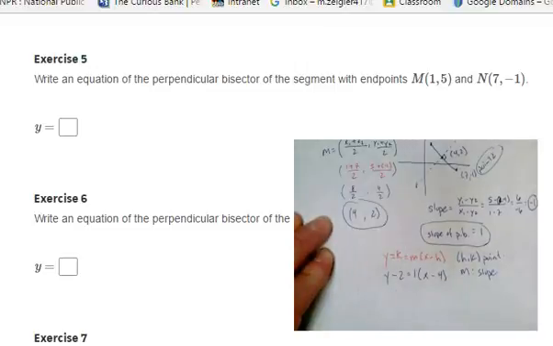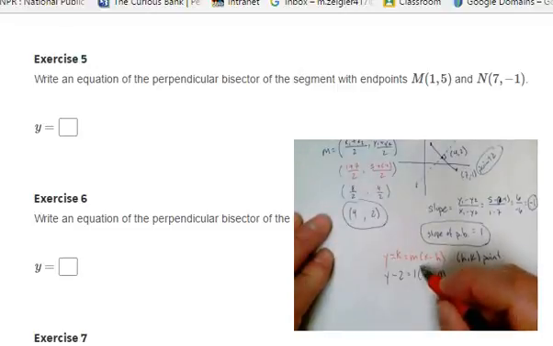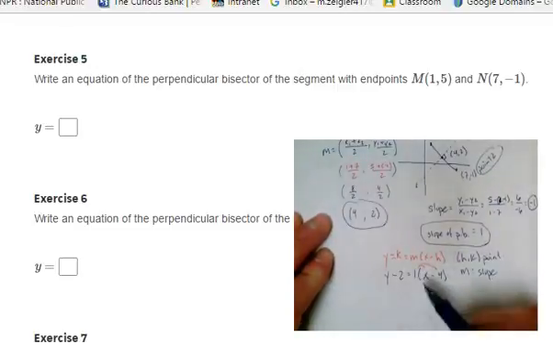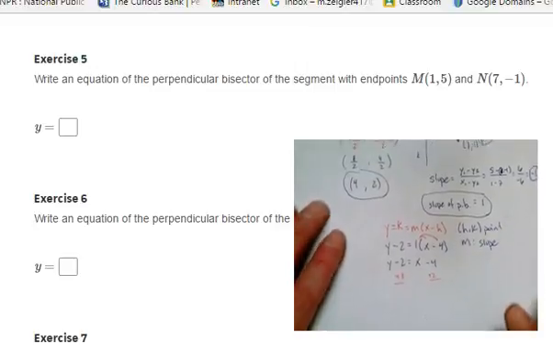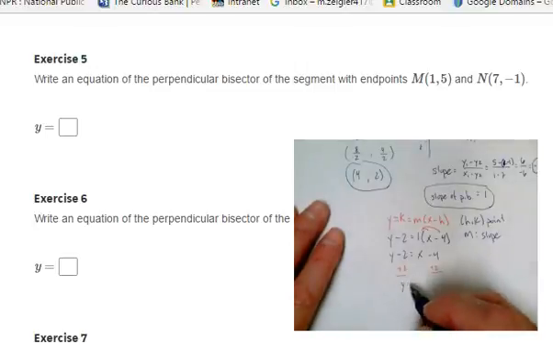Now we want to put this in slope-intercept form, so first we open up the parentheses. Distributing a 1 does nothing. So y minus 2 equals x minus 4. Then to isolate y, we add 2 to both sides, and we end up with y equals x, negative 4 plus 2 is negative 2.